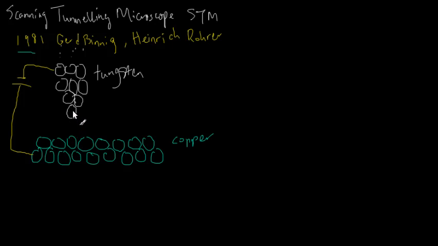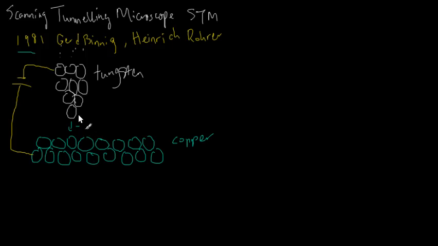And if that wave function spreads and reaches over to, say, the copper surface, then it means that there would be a non-zero chance of finding an electron from this side of the barrier on the other side. And if that really happens, and it really can, then the electron can just hop from there to there and flow around the circuit. We call this a tunneling current. So in this way, electrons can tunnel through the barrier.